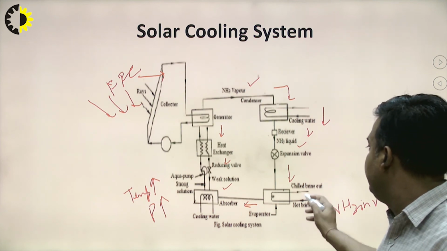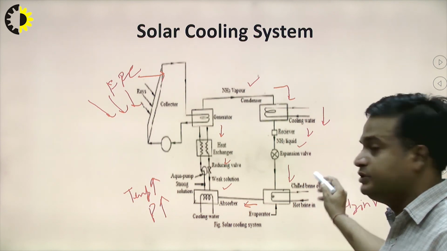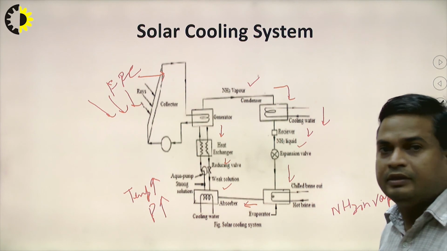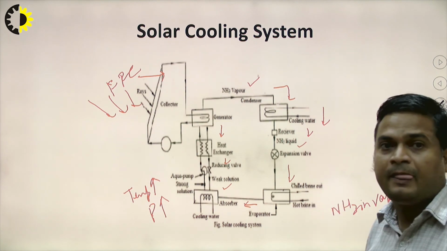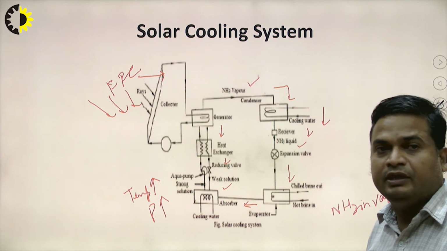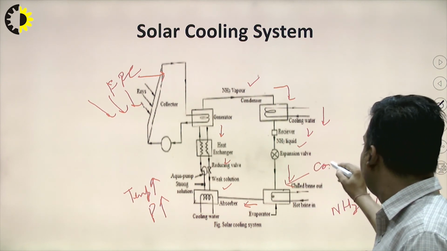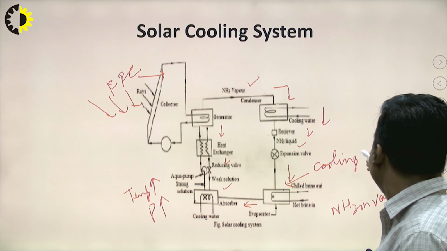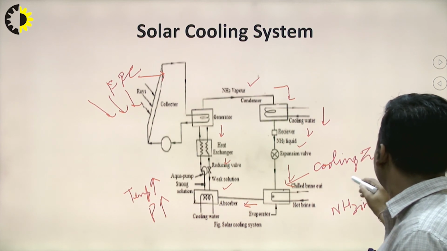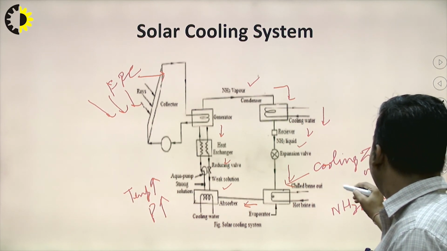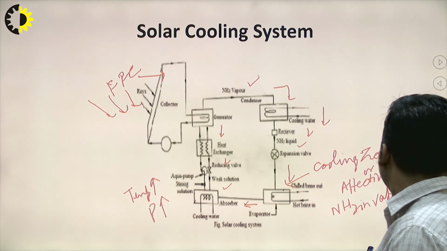So this is the hot brine, and this is the chilled brine coming out from this area. Thereby the temperature of the ammonia is increasing, and this is the major cooling zone or affecting region.